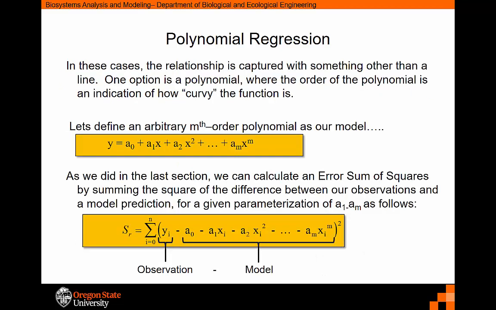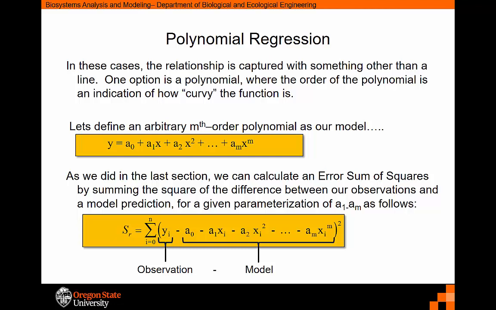Let's look at the case of a relationship between a single explanatory variable and a response variable. Further, let's suppose that this relationship can be captured by a polynomial. A polynomial is a relationship consisting of linear combinations of coefficients and various powers of the variables. A first-order polynomial consists of terms up to x to the first power.